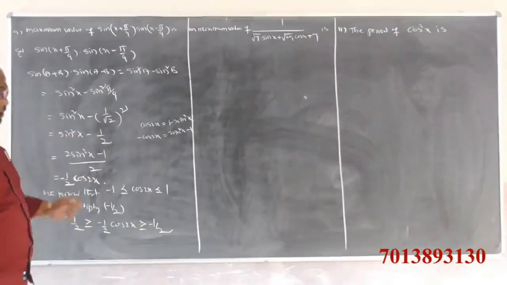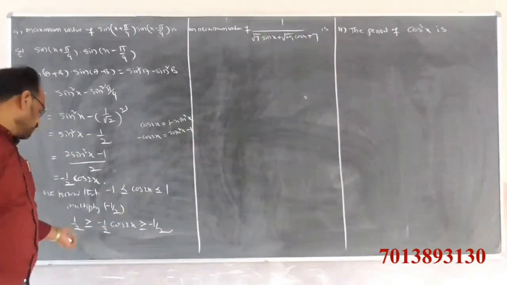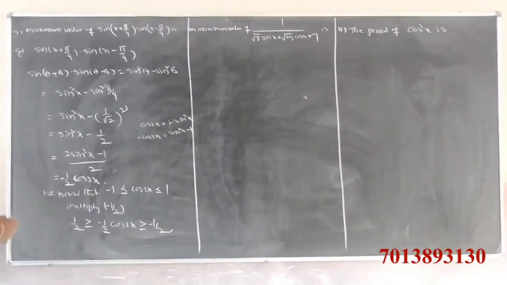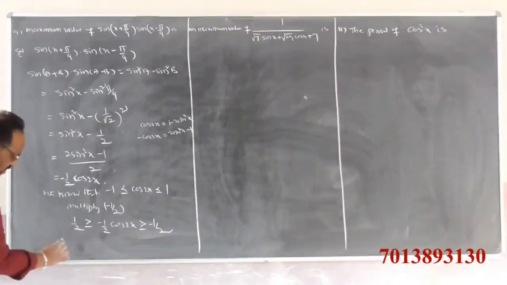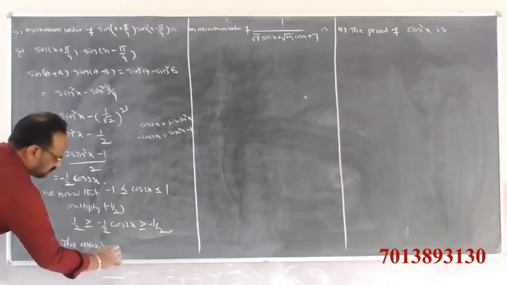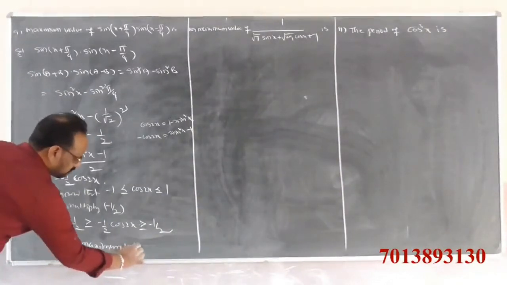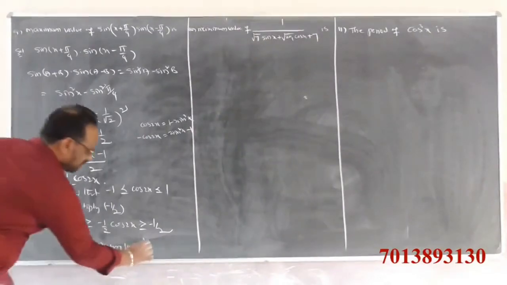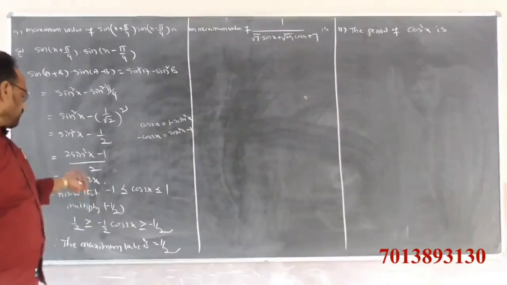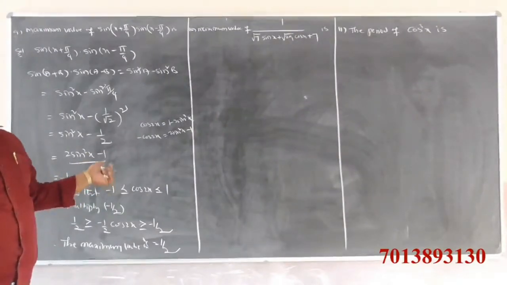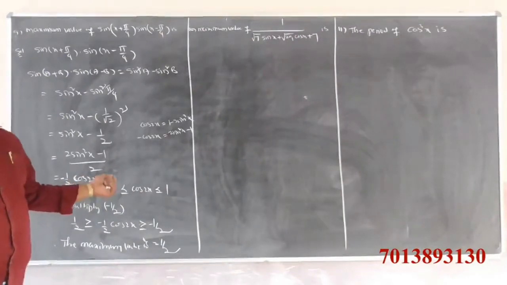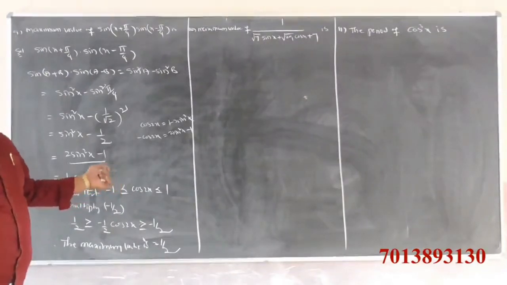We want the maximum value. What is the maximum value? The maximum value is 1 by 2. For a sin x plus b cos x plus c, the maximum value is c plus square root of a square plus b square.